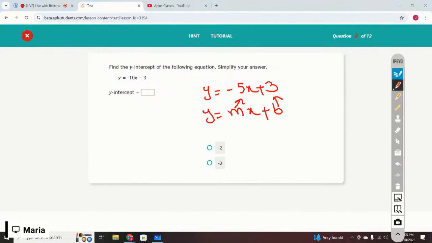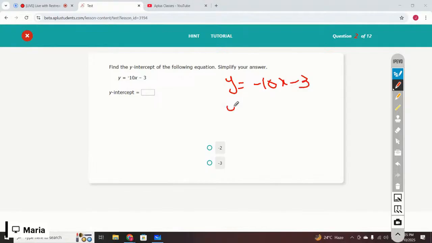Y equals negative 10x minus 3. So the equation is y equals mx plus b. So m equals negative 10 and b equals negative 3. So option number 2 is the correct option.